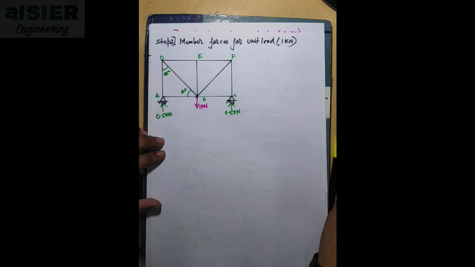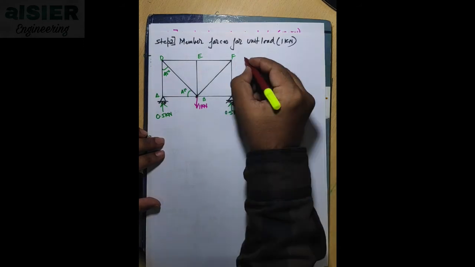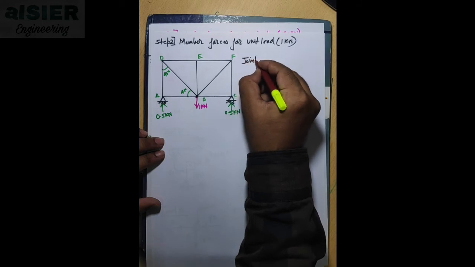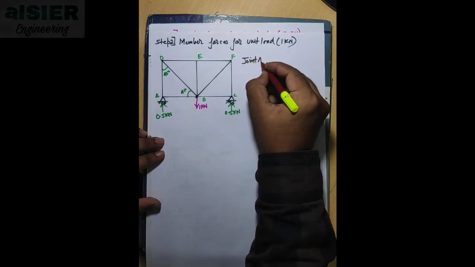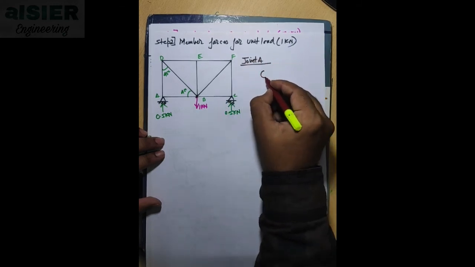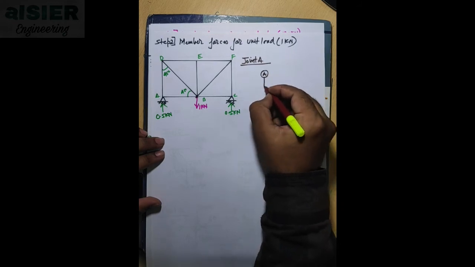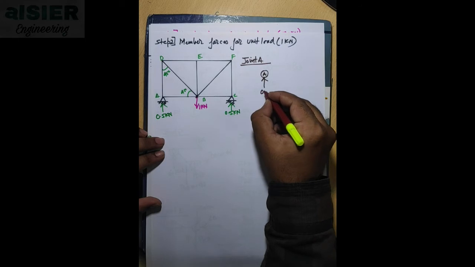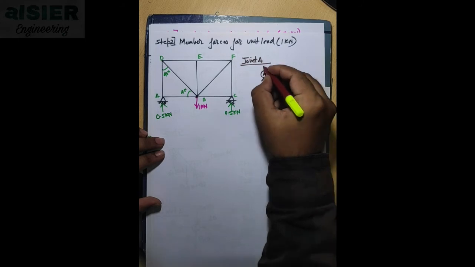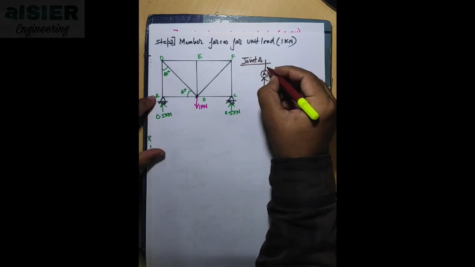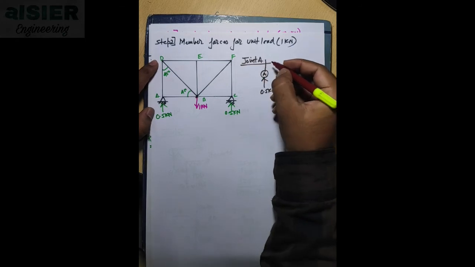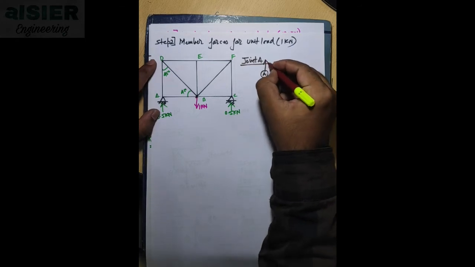So first joint is joint A. This load is 0.5 kilonewton and there is a member AD. With AD we don't know the direction and magnitude.